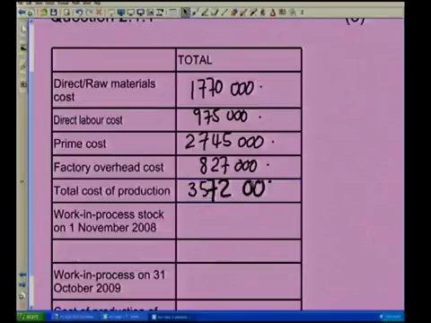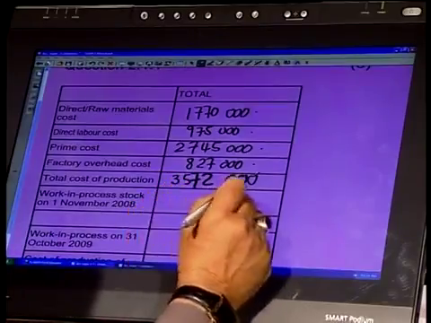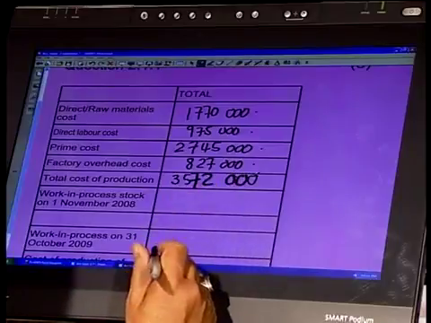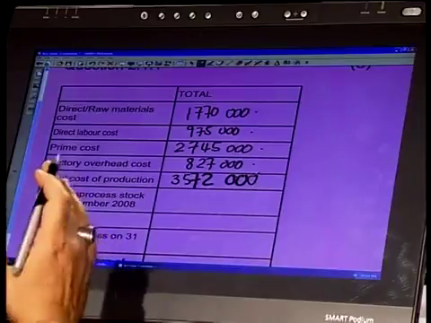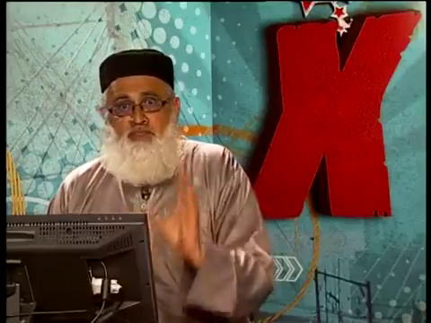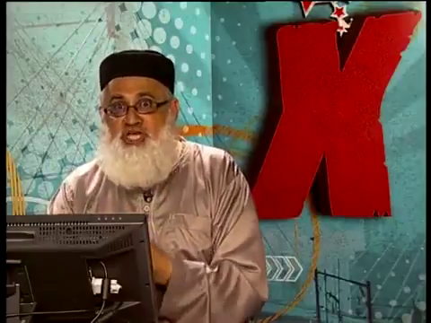Let's get that figure again: 3,572,000. And where did I get that figure from? That figure I got from adding my prime cost plus my factory overheads to give me 3,572,000.